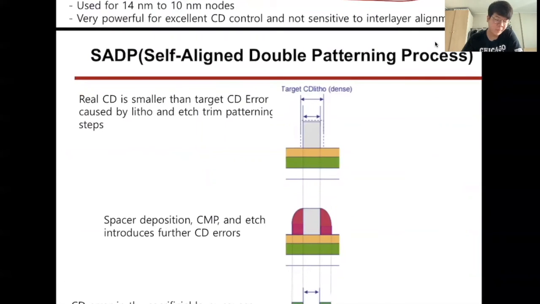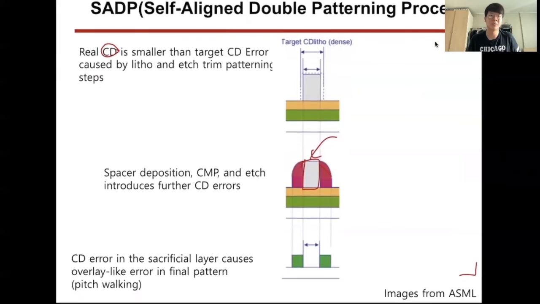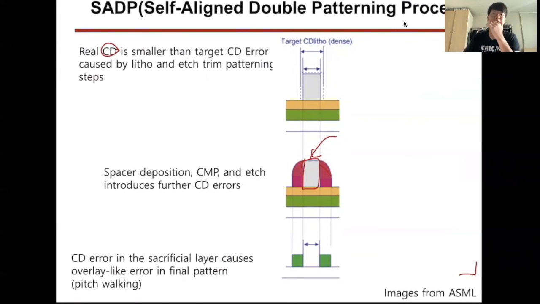When we first photoresist and litho the sacrificial hard mask, the critical distance is not smaller than the exposure limit. So there is a continuity problem, and if we etch the sacrificial hard mask, it also etches the spacers, so there are issues in further processing.